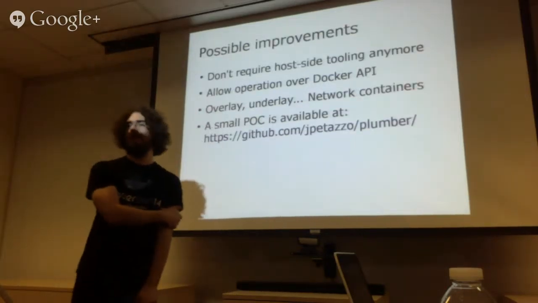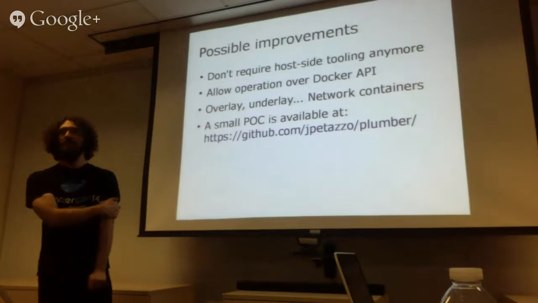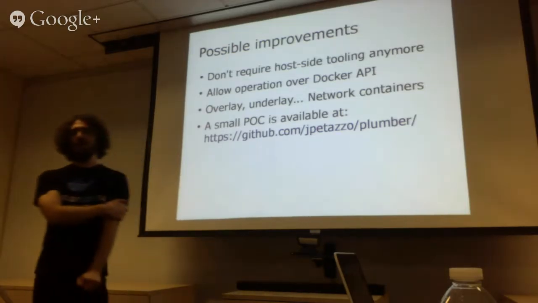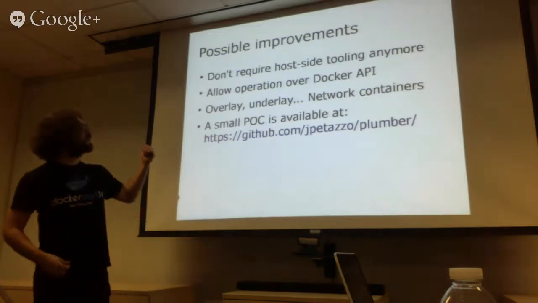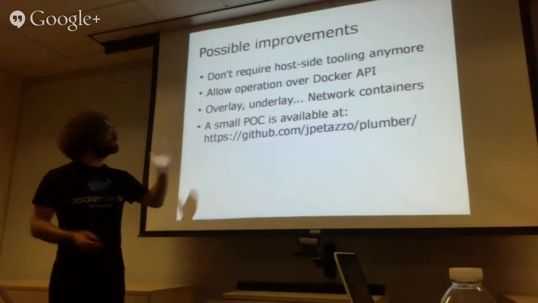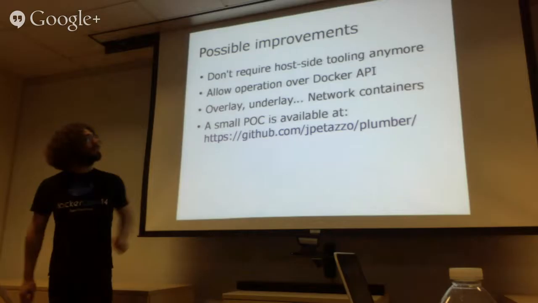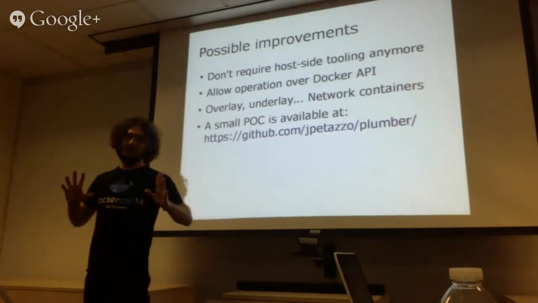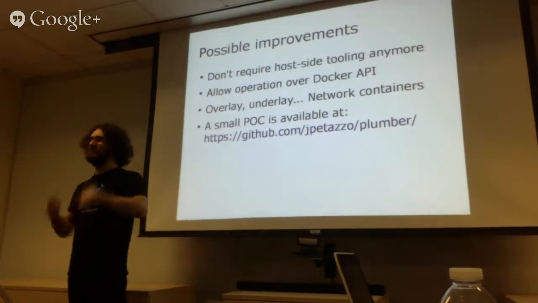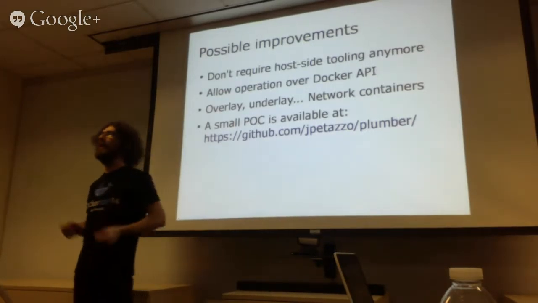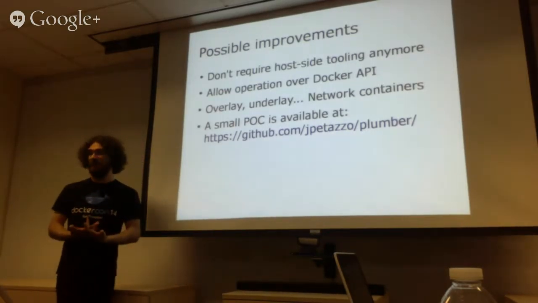Possible improvements: at some point, if I find a way to not need to sleep, I might try to work on a variation of PyTorch. The idea is that there is a way to do all the work of PyTorch, so setting up those interfaces and everything, only through the Docker API.